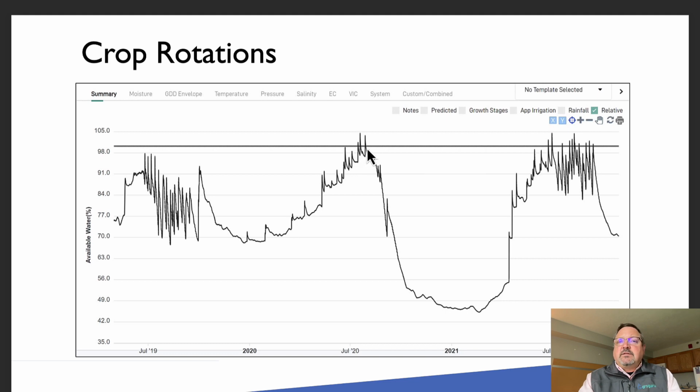And then we planted a second crop. This was a crop that didn't use a lot of water in the season, but as we come towards the end of the season, we finished this crop out. It used a substantial amount of water right before harvest. So as we started looking at these different types of crops, guess what? We see a totally different pattern.